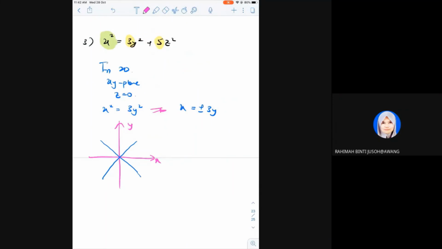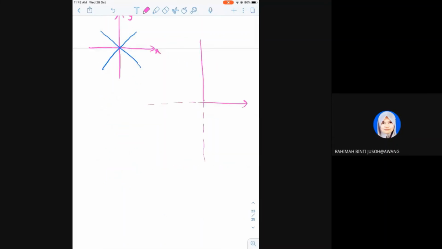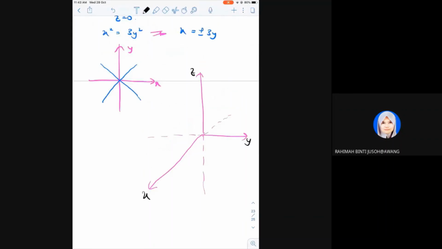So, dia mesti berada pada paksi X. X, Y and Z. So it should be dia macam ni, dia sebelah depan dengan sebelah belakang.